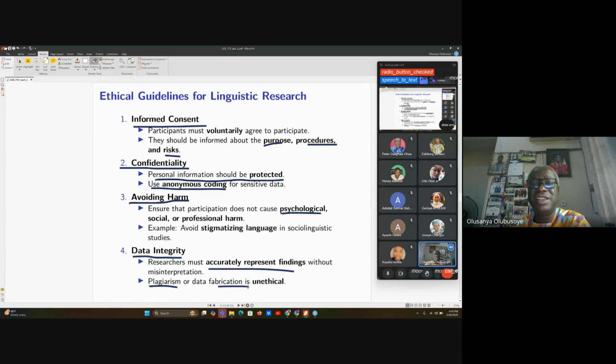Fabricating data is unethical. You sit down, conjure data, that is unethical. Whether you are doing survey or you are doing experimental, it is evil. So ensure that your data passes integrity tests.